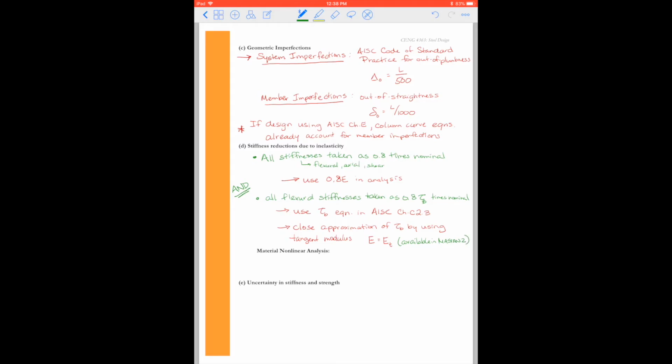If you're working on the project, you would want to input this with E_t rather than just E. All right, and that's pretty much how we account for that.